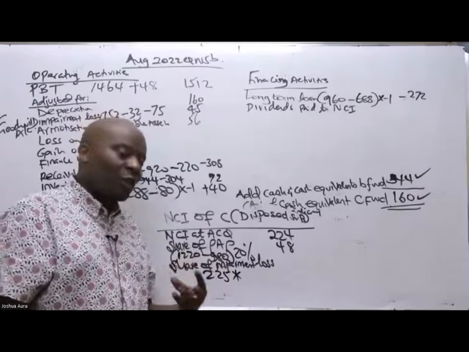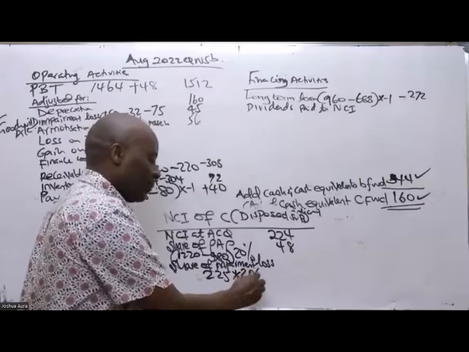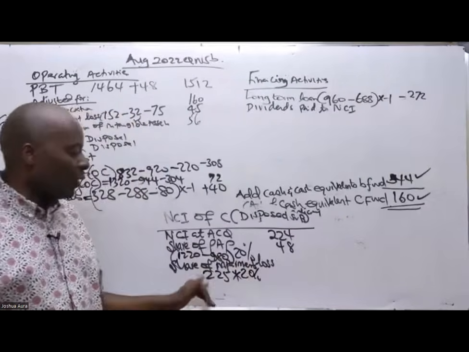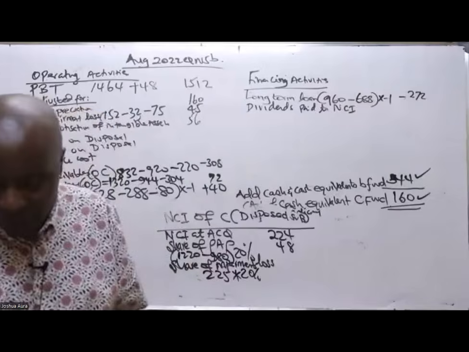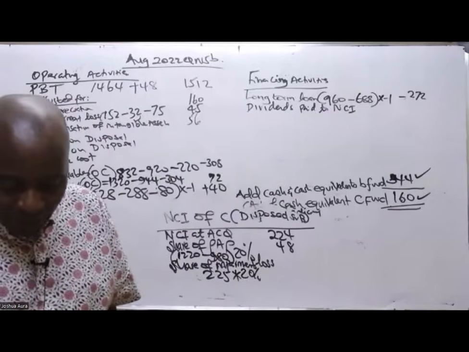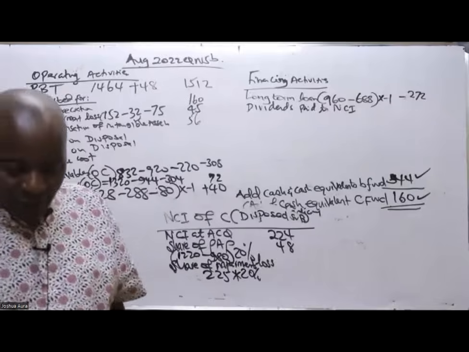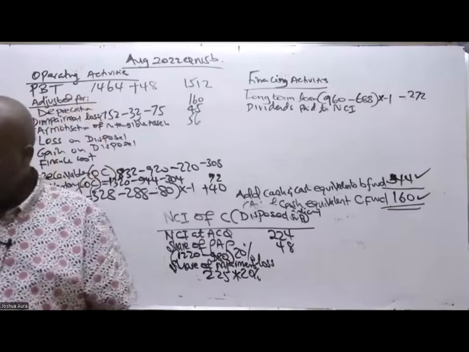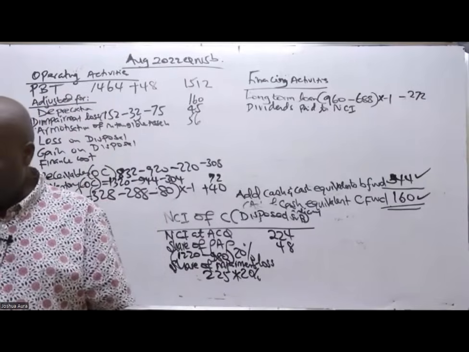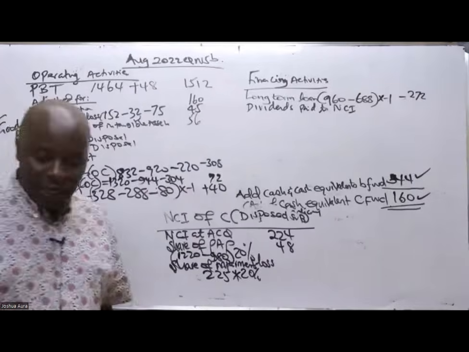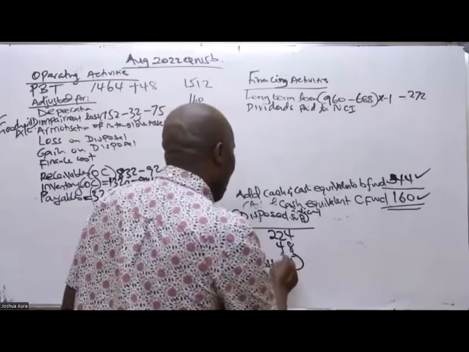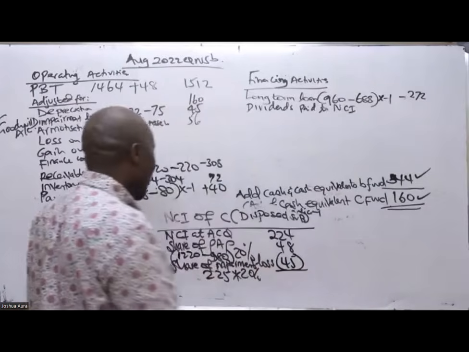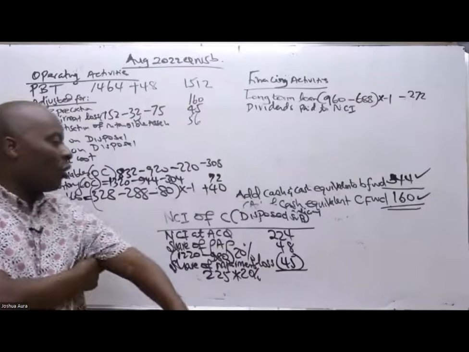Their percentage is 20. So what is 225 times 20? Is there somebody who is able to give us this figure? You say 45. So 45, please subtract there for you to be able to give us the NCI of C.